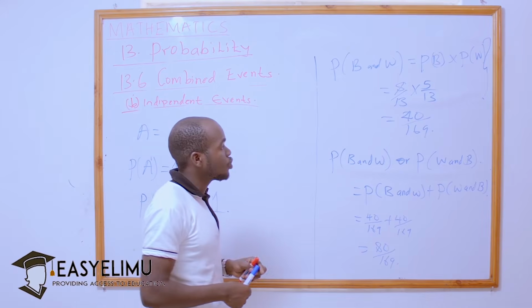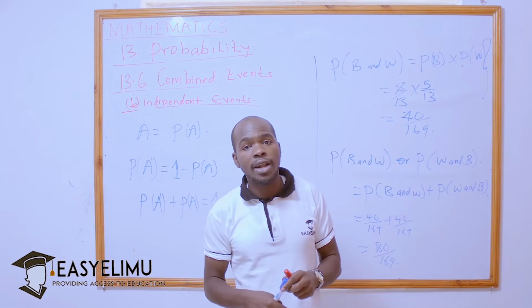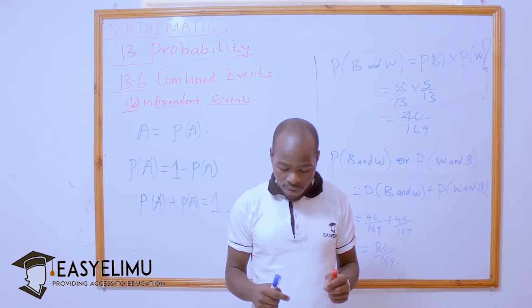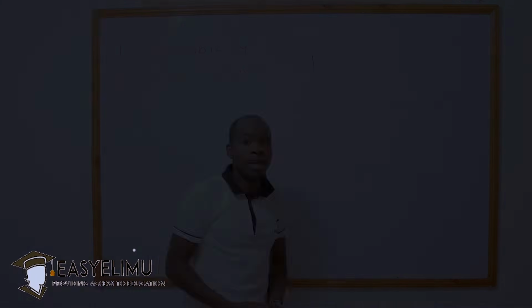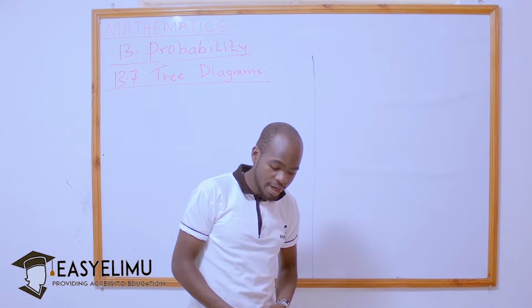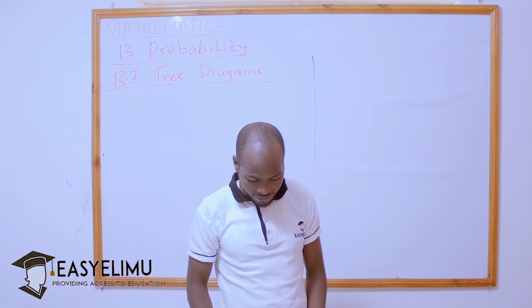Next we are going to see tree diagrams and see how we can enumerate some of the mathematical analysis of probability in that. The tree diagram is a way of enumerating probability space.